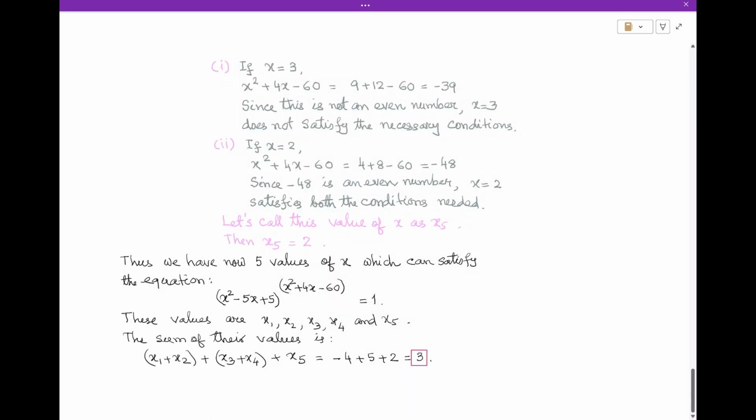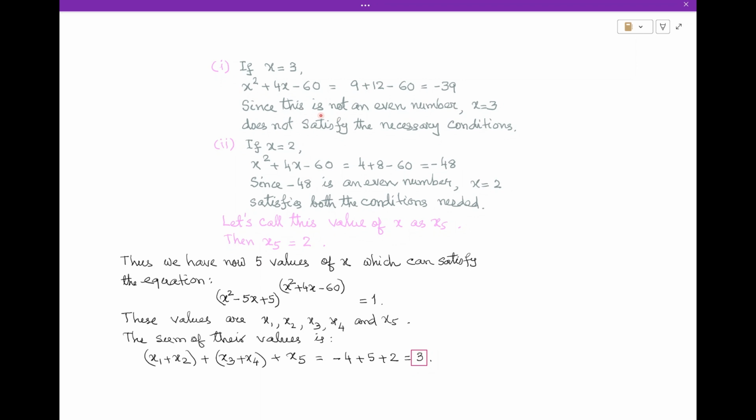Now let us see if the two values of x obtained just before this will satisfy the second equation, where the second equation is x² + 4x − 60. When you put x is equal to 3, 9 + 12 − 60 is equal to −39.